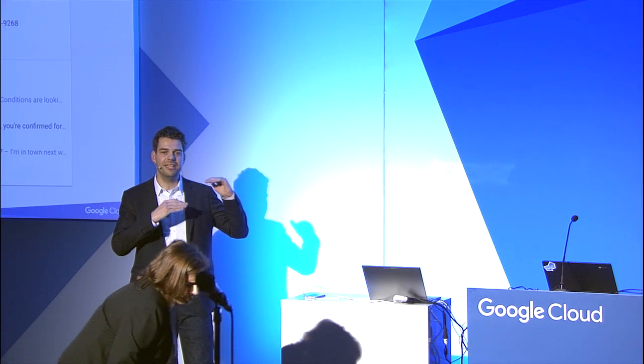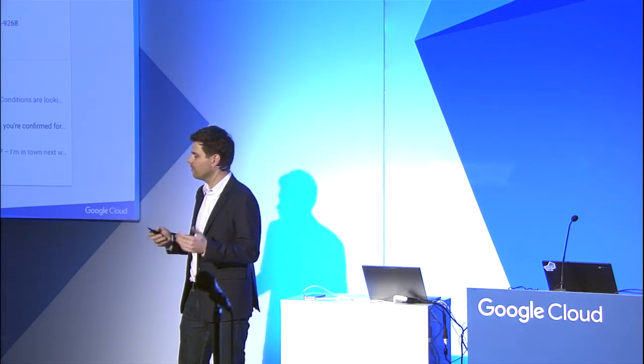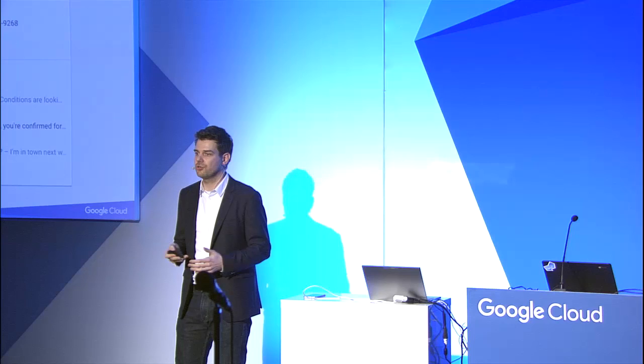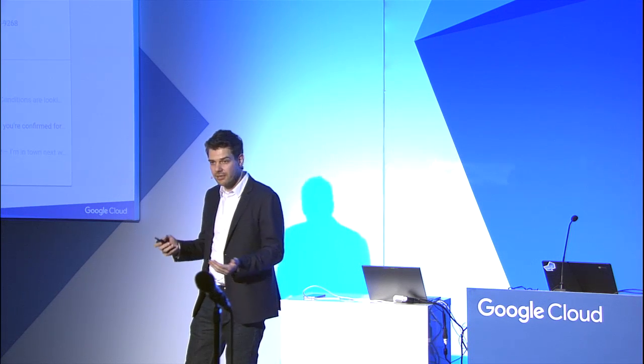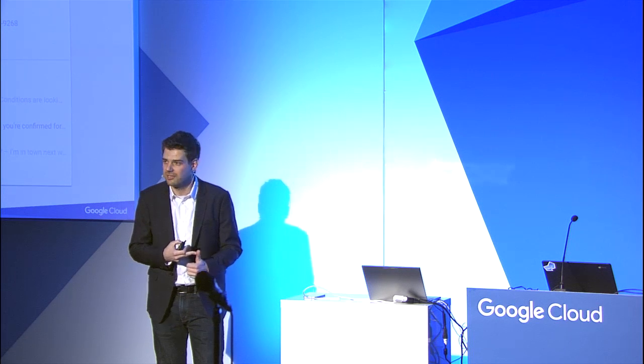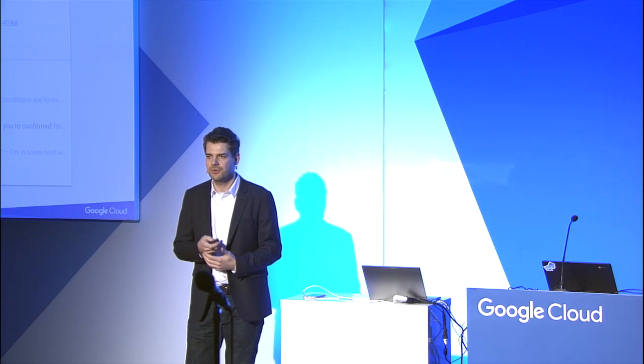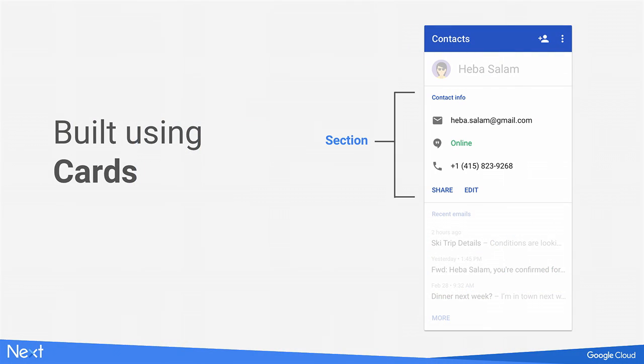In this case, all the information for one contact is on one card. Now, a card consists of a couple of individual components. There's a header of the card. In this case, the header contains the profile picture of the sender and the name of the contact. There are a couple of other variations that we have, but here's an example. Then a card contains one or more sections, and in these sections, you combine your different UI elements.